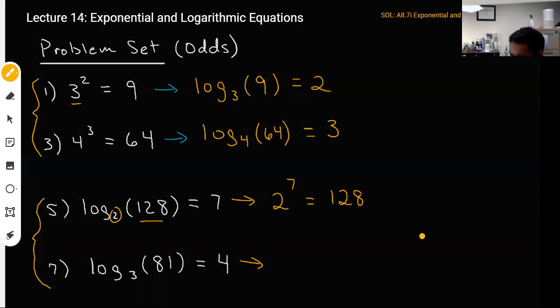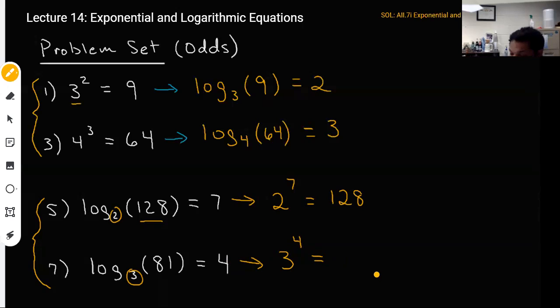Let's try the next one. What's my base for number 7? What would my base be? This time it's a 3. So what I need to do now is get my exponent. I threw it to the other side, right? So I'm going to take that 4 and put that as the power over the space. And then what's the last number that I need to go on the other side?